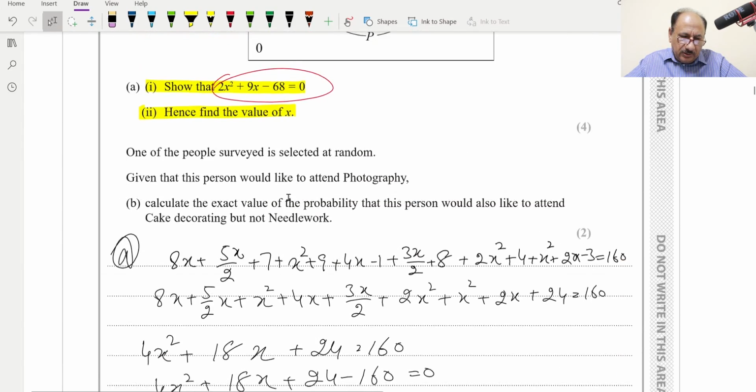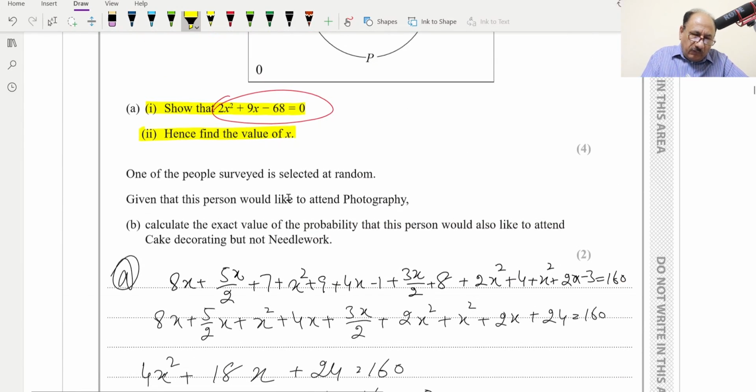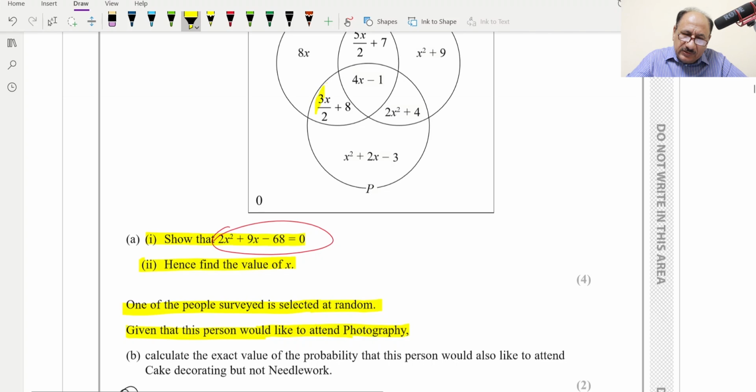Now for b part, it says one of the people surveyed is selected at random, given that this person would like to attend photography. So photography is this section. So among these people we will be checking. Our domain is basically restricted to this only portion, so we will be checking for this one, and these are how many people in total we have to check, and we have to check for the condition of the probability also.